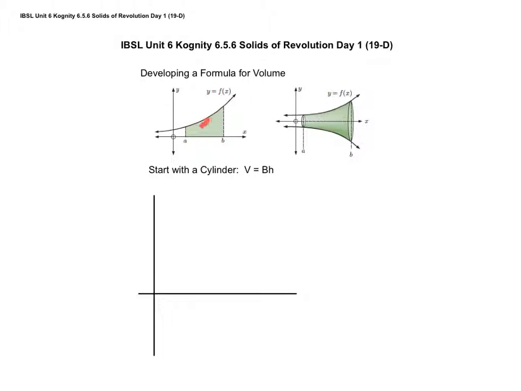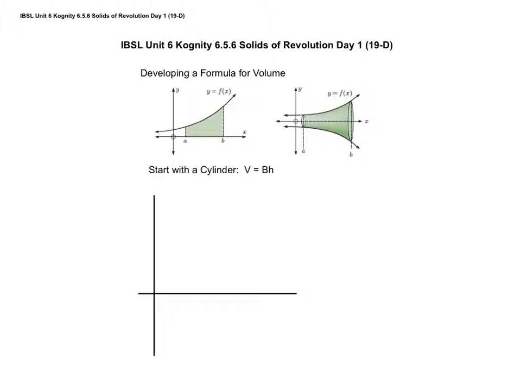And then we take this area and we make it into three dimensions by revolving it around the x-axis. Okay? We revolve it around the x-axis, and I want to actually start with something you guys know, and that is a cylinder.